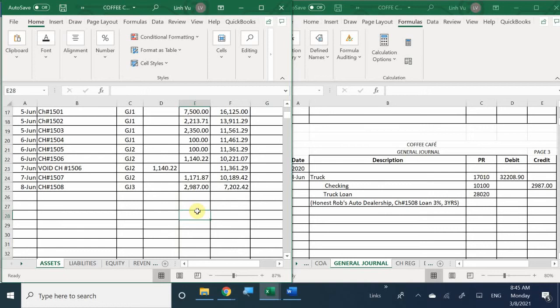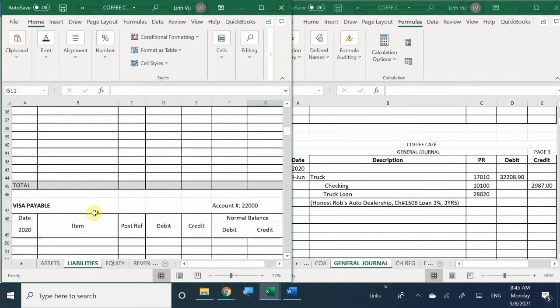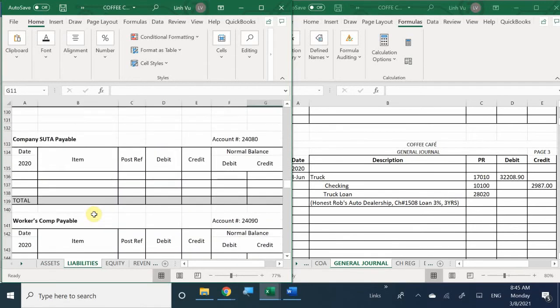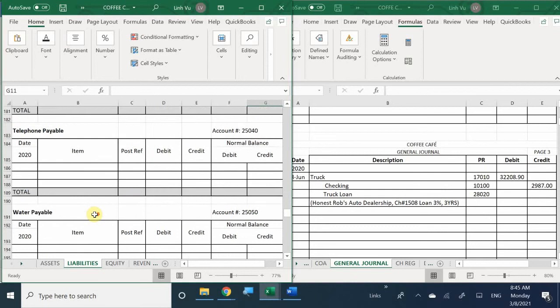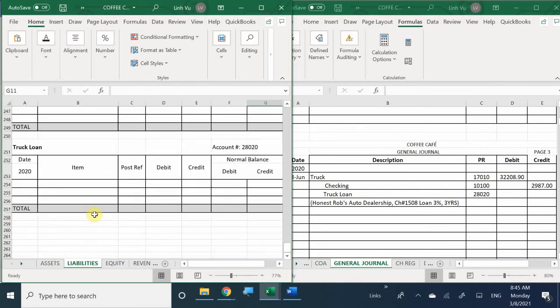And then now we have a truck loan. So we got to go to liabilities, right? And this time it's a long-term liability, right? Because how many years is this loan for? It's for 3 years. So here I'm going to enter in all my information.